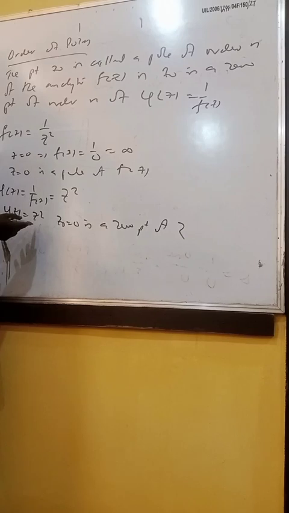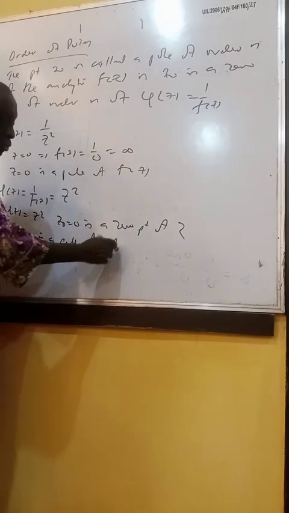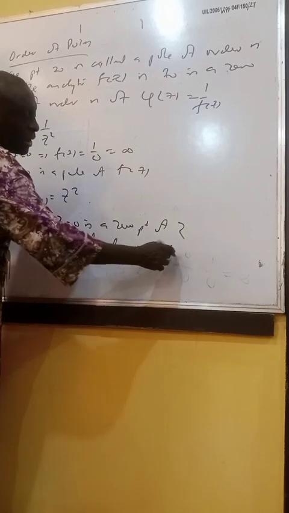If you find the second derivative, you get 2, which is not equal to 0. So it's of order 2, which implies that z equal to 0 is a pole of order 2 of f of z.